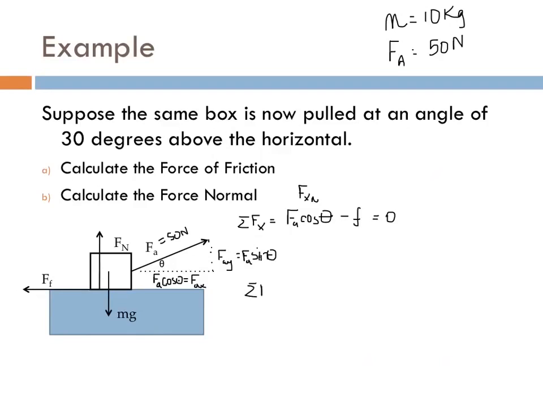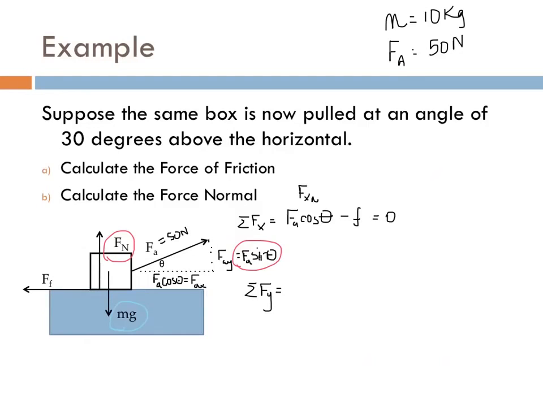Now, my sum of the forces in the y direction, well, if you notice, I have 3 forces in the y direction, so my normal force is no longer equal to my force of gravity. So I have 2 upward forces and 1 downward force.